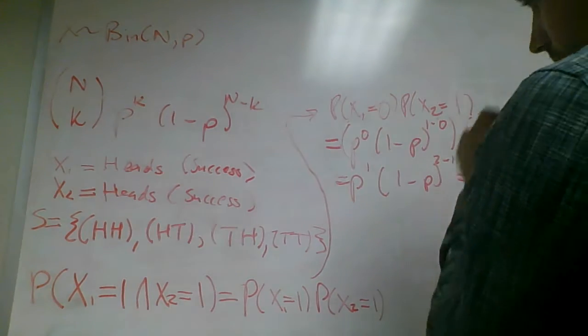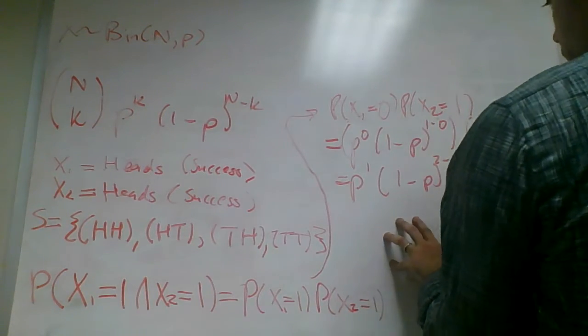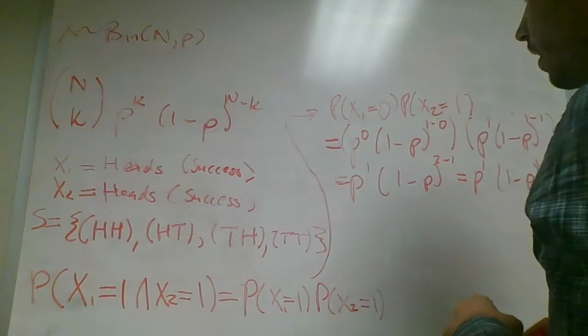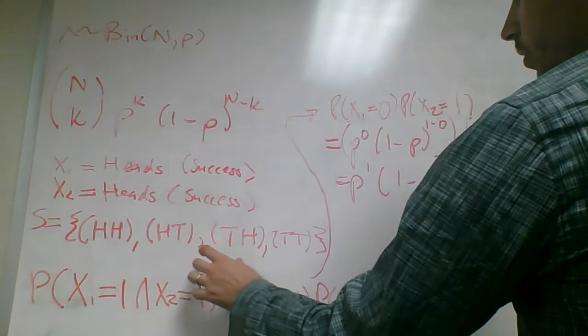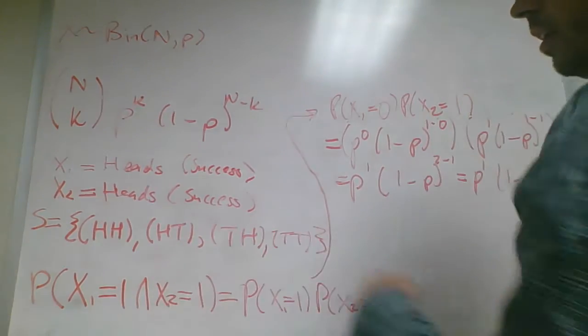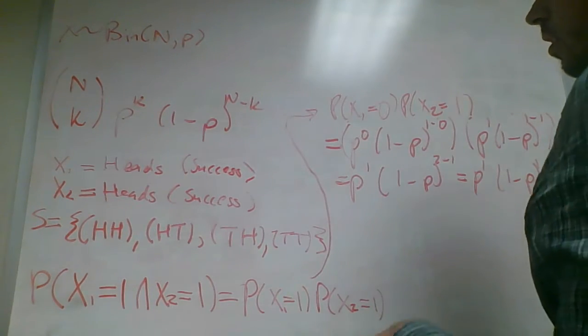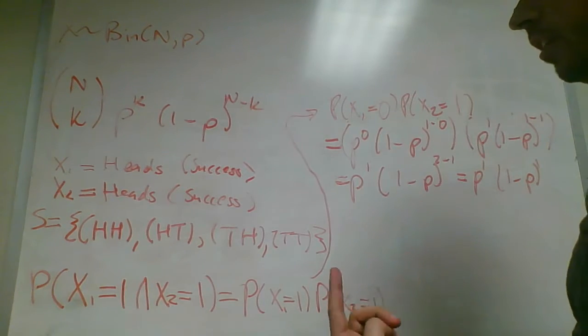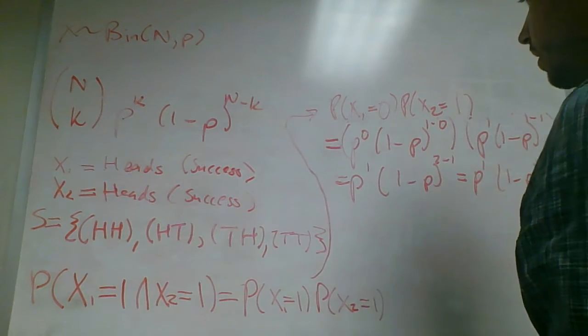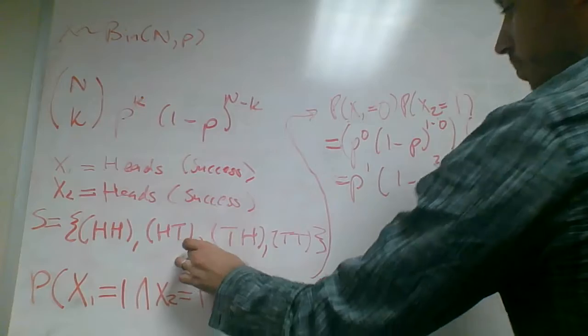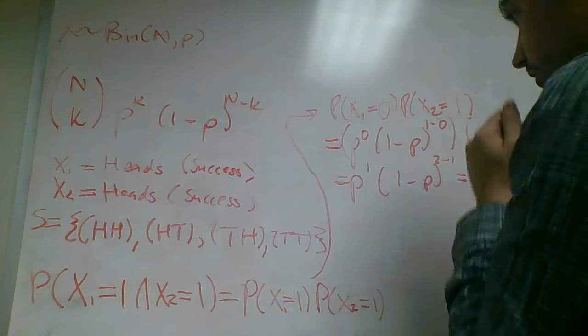So in other words, these two things from the probability point of view are returning the same thing. Two trials, one success, you multiply it together.